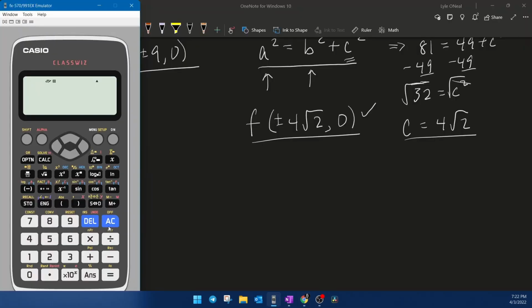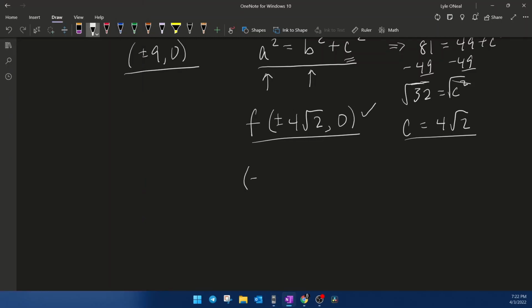Our foci were plus or minus 4 square root of 2, comma 0. If we estimate 4 square root of 2 as a decimal, that's about 5.7 rounded. So negative 5.7 comma 0 and 5.7 comma 0.